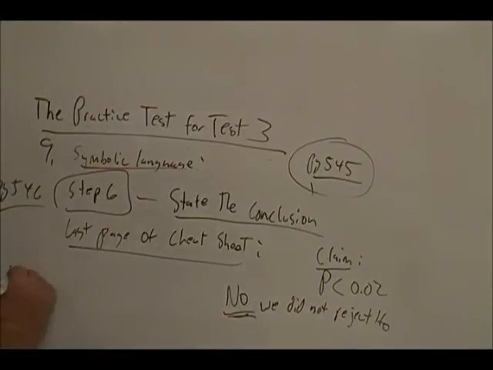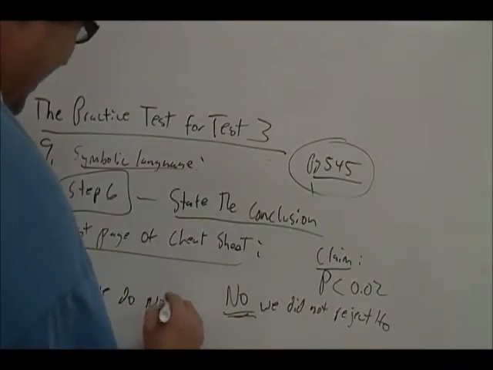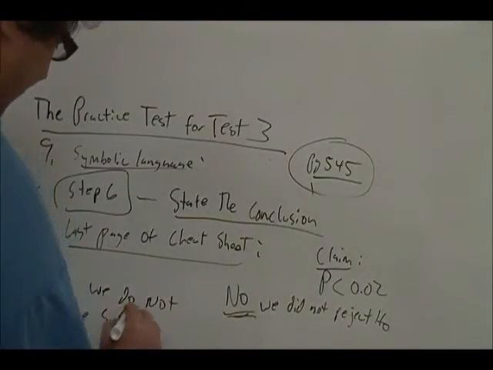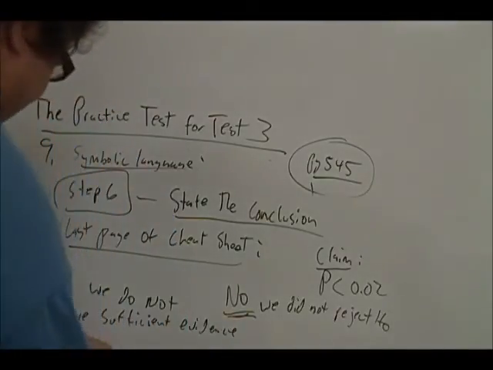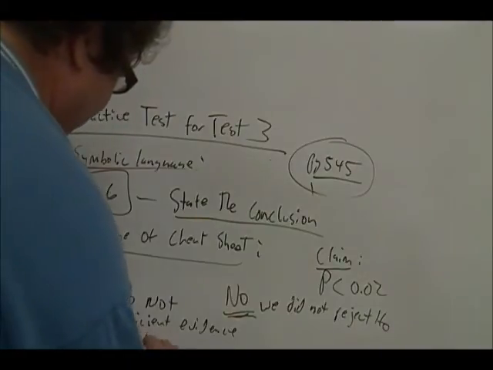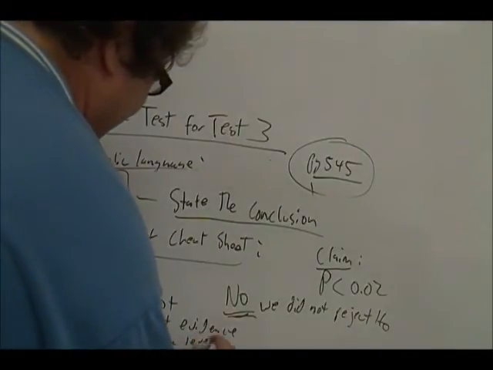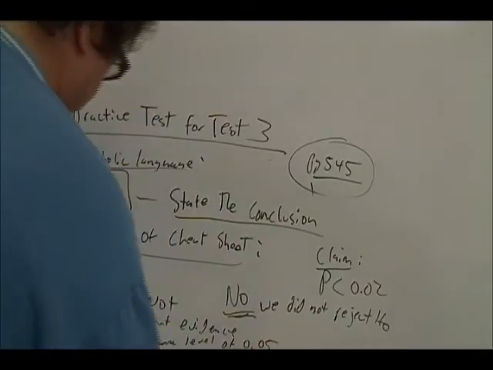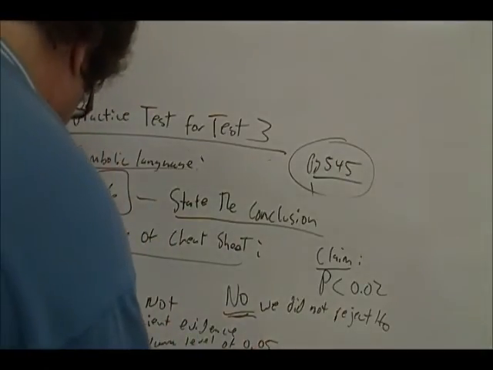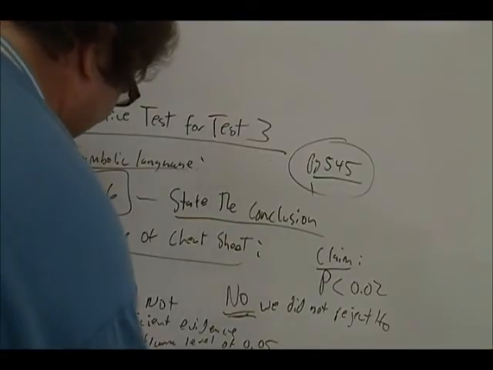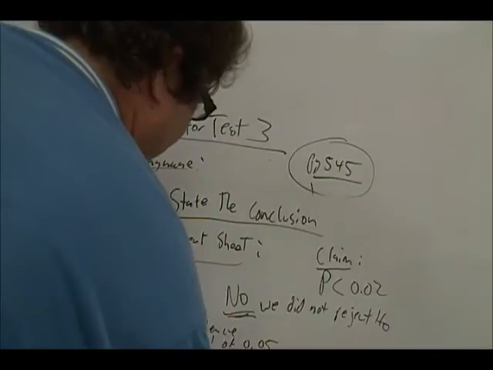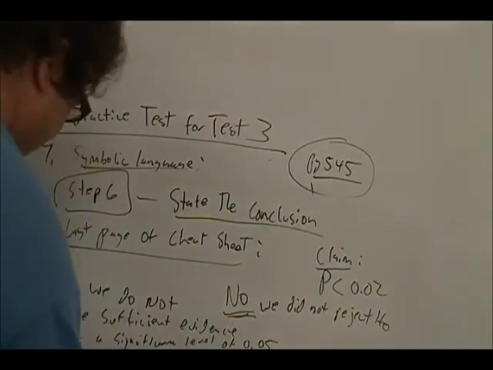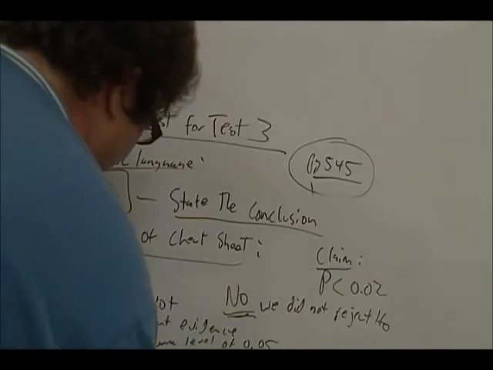So our final conclusion is, we do not have sufficient evidence at a significance level of 0.05 to support the claim that fewer than 2% of the manufactured products are seriously flawed.